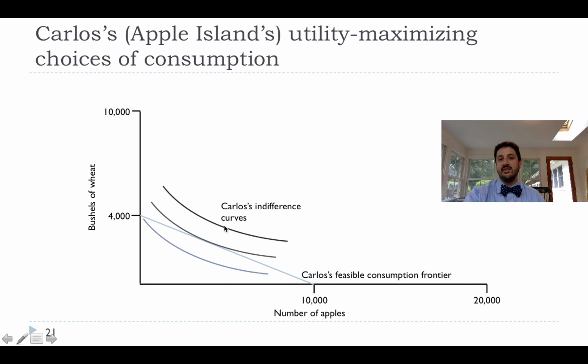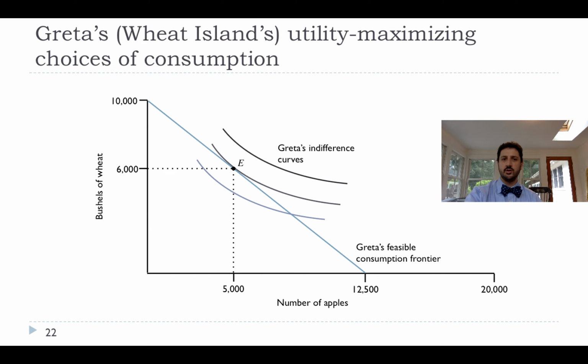Now he can't obtain that highest utility because that's not part of his feasible frontier, but he can attain this medium level of utility. And so that's where Carlos will consume when there's no trade between the islands, at 2,500 bushels of wheat and 3,750 apples. Greta, similarly, will choose to consume on her highest indifference curve, where her utility is the highest, and that is 6,000 bushels of wheat and 5,000 apples at point E.